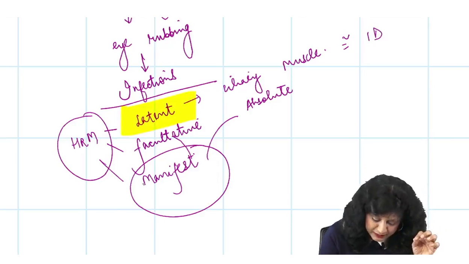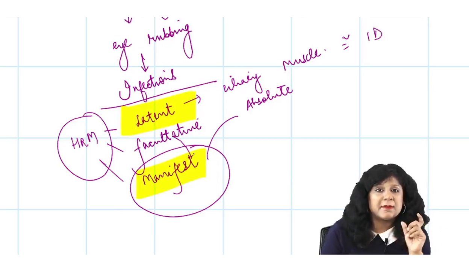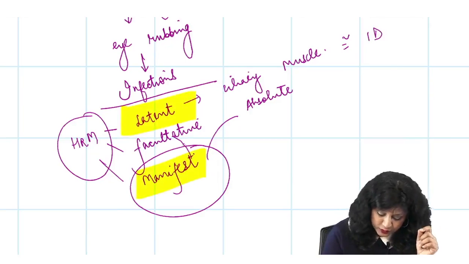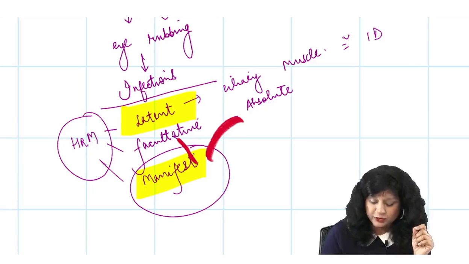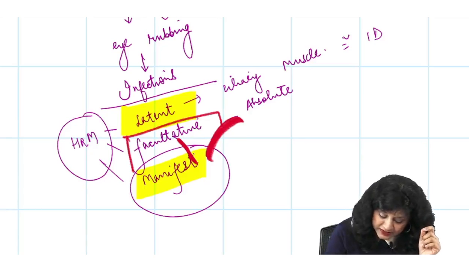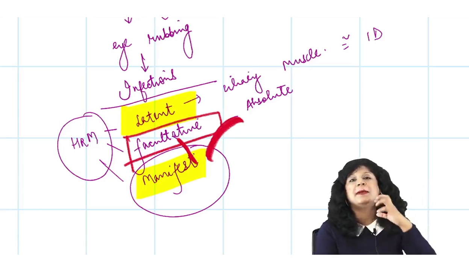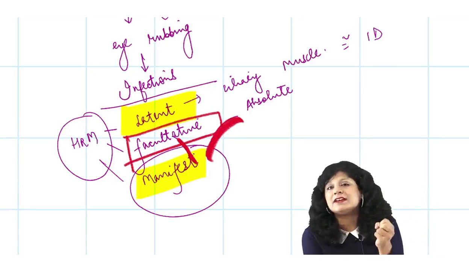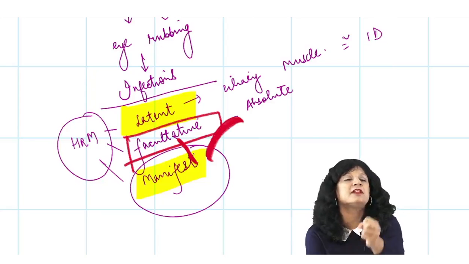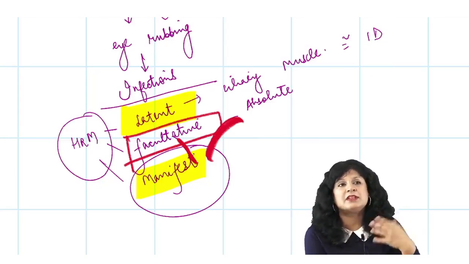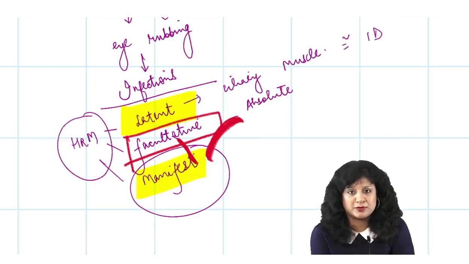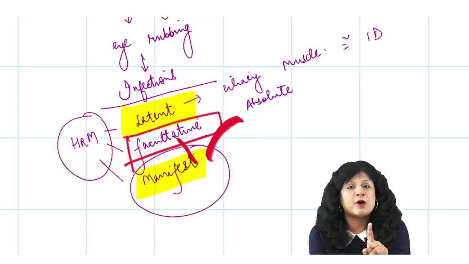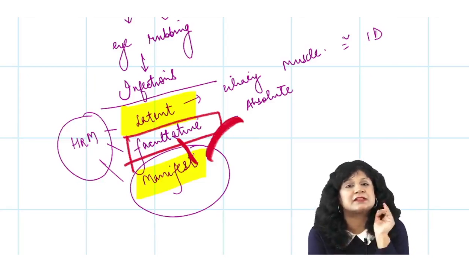The remaining is manifest. Now this manifest hypermetropia could be facultative or absolute. Facultative means that which is corrected by the patient's accommodative effort. Suppose he had a total of 5 diopters of hypermetropia. Now 1 diopter is corrected by the ciliary muscle tone.